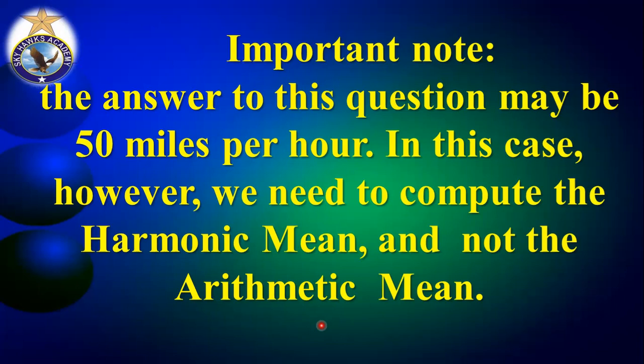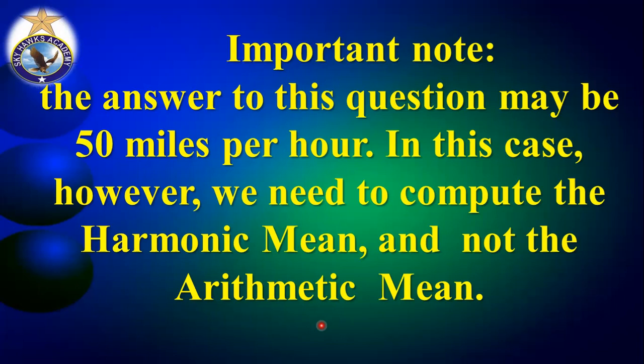But it's absolutely wrong; you have to use the other formula: 2 times 40 into 60, whole divided by 40 plus 60. So this will be 4800 divided by 100, and the two zeros cancel. This is 48 kilometers per hour. Are you getting this?